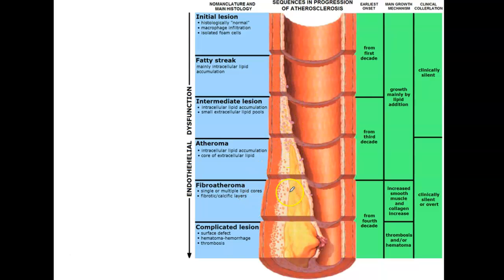It's the progression over to this extreme fat accumulation and potentially the rupturing of it. On this side of the graph, you have age, like earliest onset, first decade, third decade, and so on and so forth. So this progression could not happen at all, or it could happen, as I said, depending on both genetics and diet.